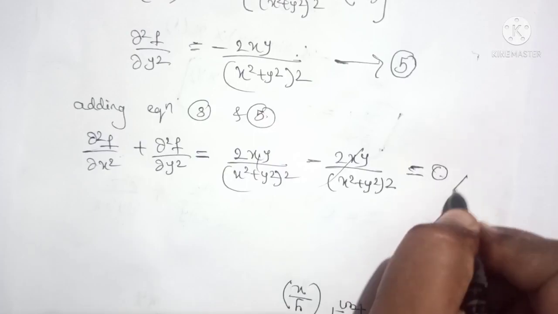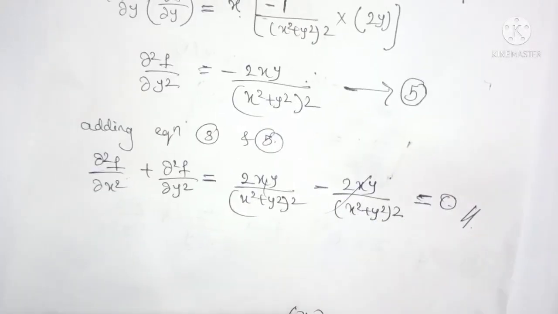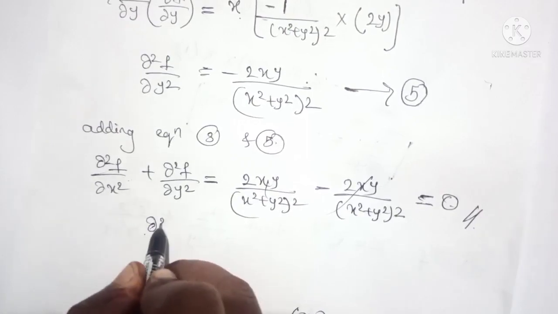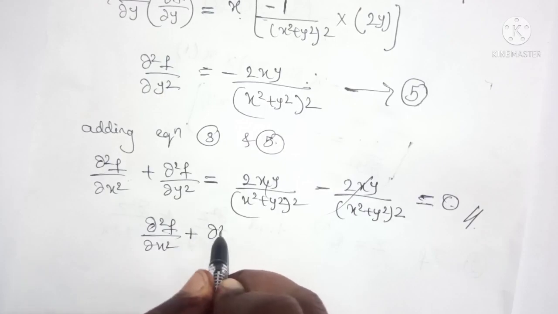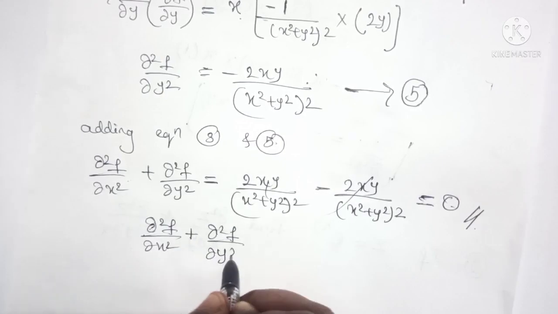So this is the required proof. Thus we can write dou square f by dou x square plus dou square f by dou y square is equal to 0.